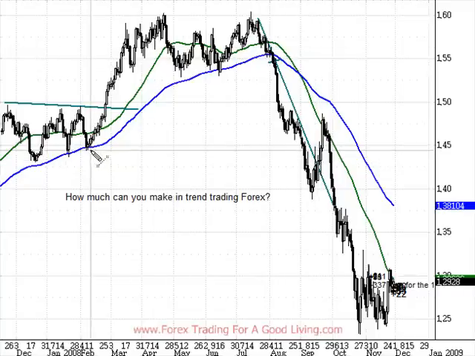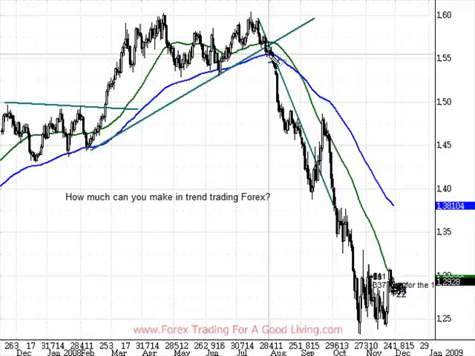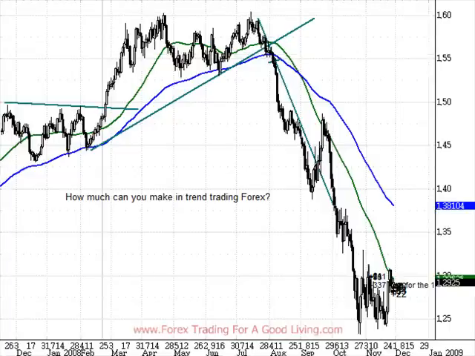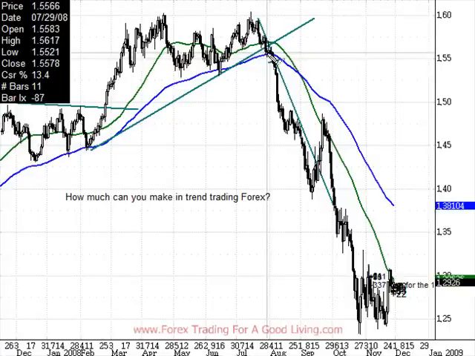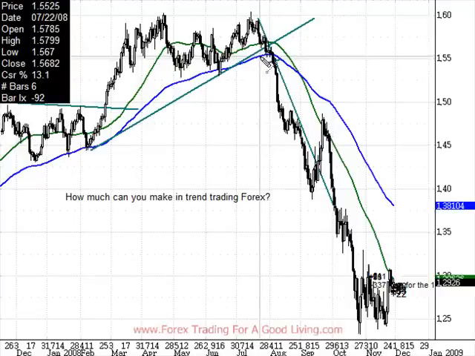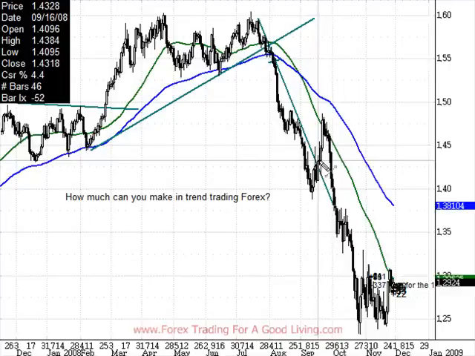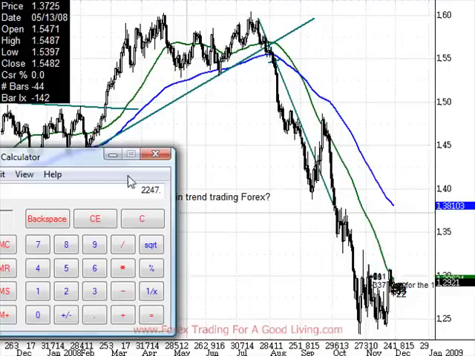We get this trend, for example, and we ride this from, let me get my little cursor up here, let's just say 5575. Let's say we get out around here, 4328. Let's get the old calculator out. 5575 minus 4328, was it?